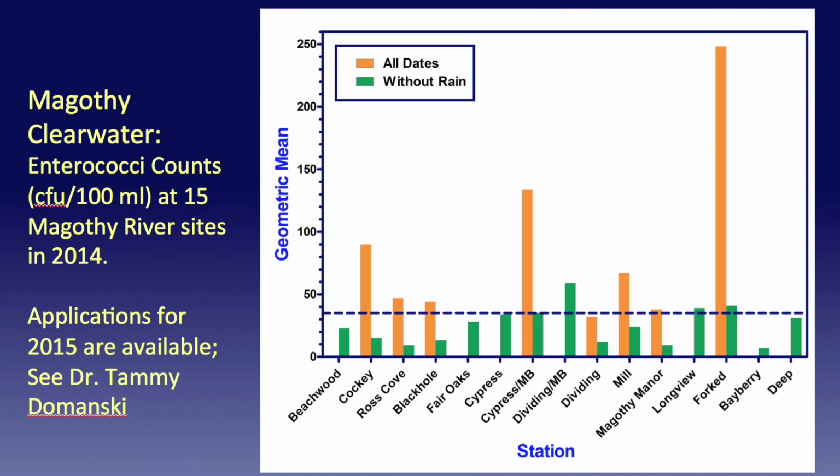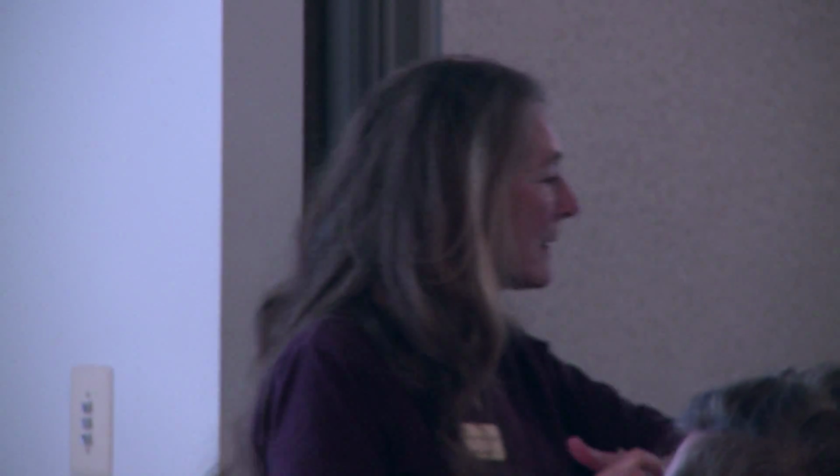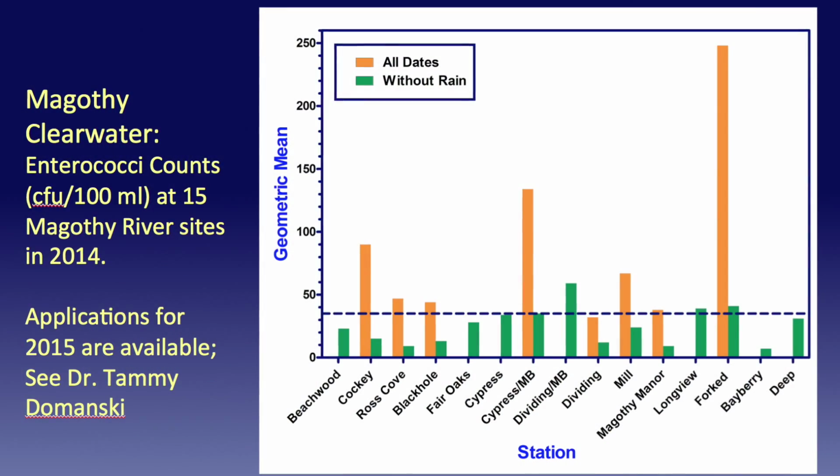So here are the data for 2014. We had 15 sites this year. This is the most we've ever had. And so what I've done here is I've tried to crunch the numbers down so that we can look at trends that we see at the different stations. But one of the things that we've always known is that after a heavy rain, we always have higher counts of bacteria.